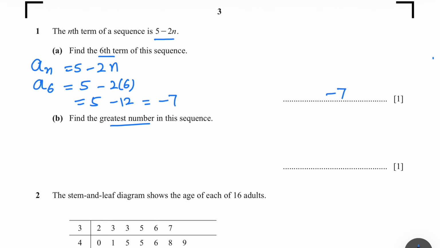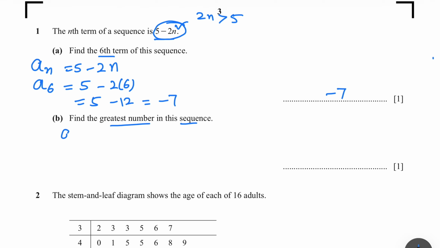Okay. Now find the greatest number in this sequence. Now if you see, this sequence is 5 minus 2n. So we are subtracting something from 5. If this 2n becomes greater than 5, then the number will become negative, and negative will give us the smaller answer. We are looking for the biggest positive answer, and that is only possible when you have the nth term with n equals 1.